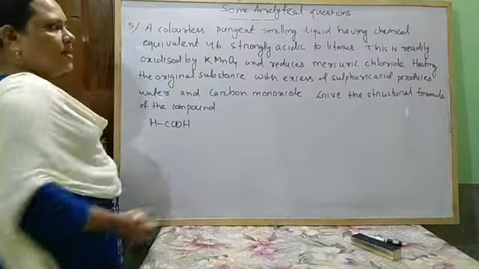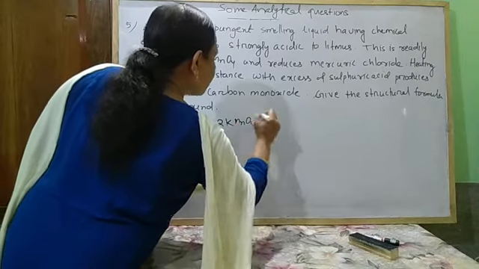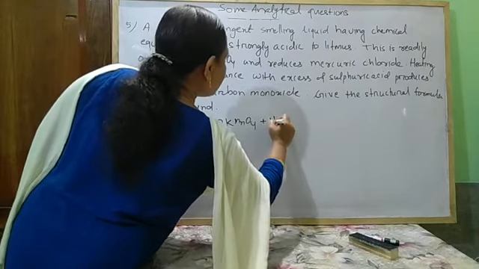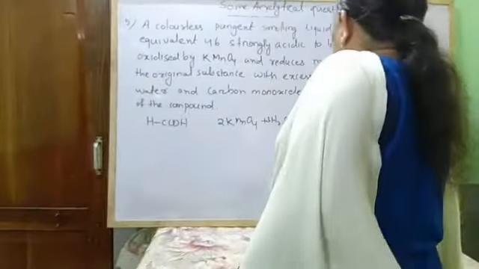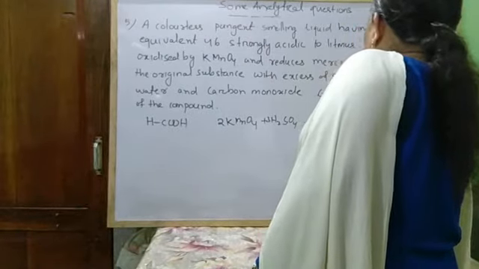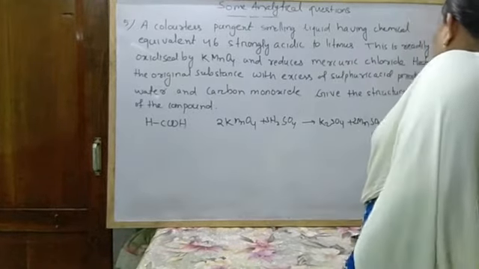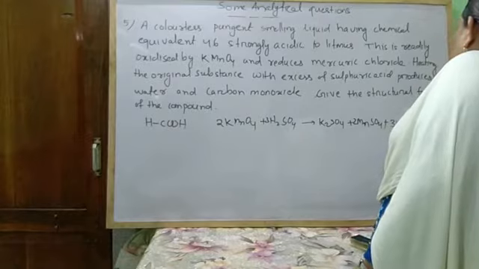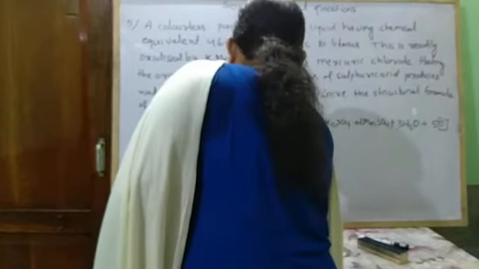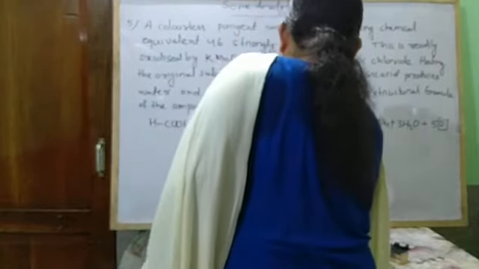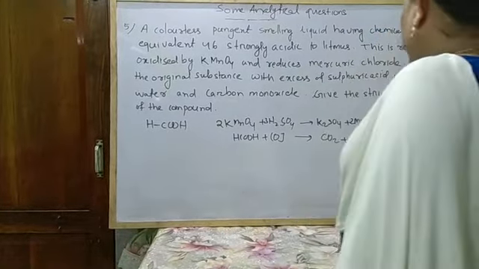Okay. So what are the different reactions? Look here. Potassium permanganate reacts with sulfuric acid to form potassium sulfate, manganese sulfate, water and oxygen. Then formic acid reacts with this oxygen to form carbon dioxide and water.